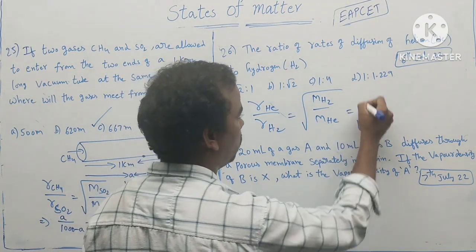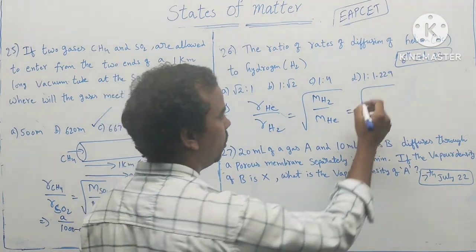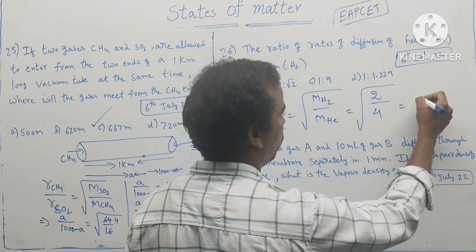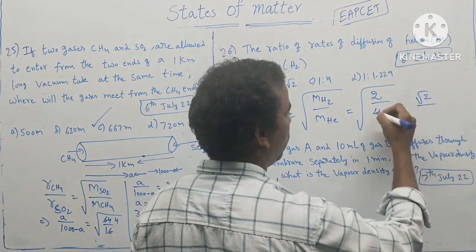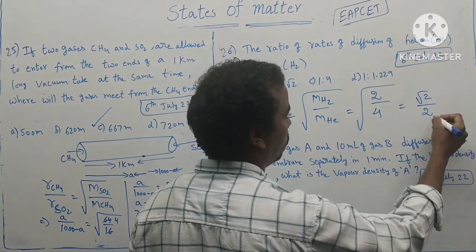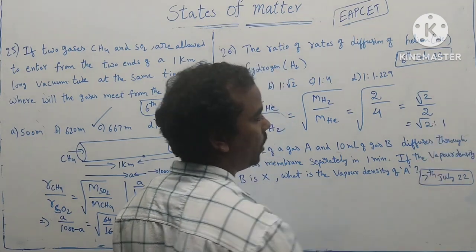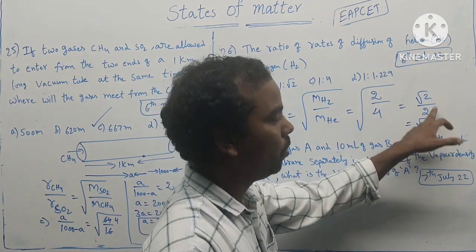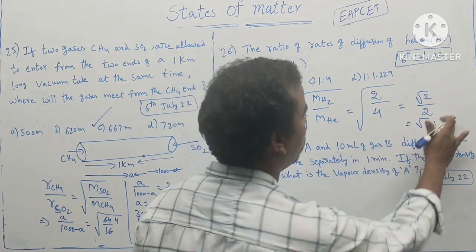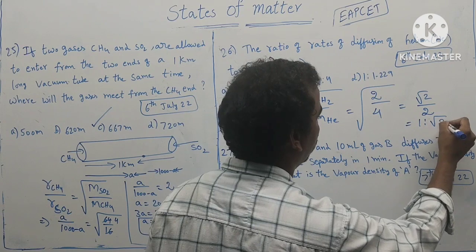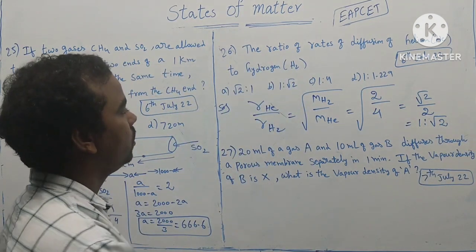That is equal to the square root of 2 by 4, that is root 2 by 2, so root 2 into root 2, root 2 cancels, so 1 is to root 2. So the answer is 1 is to root 2.